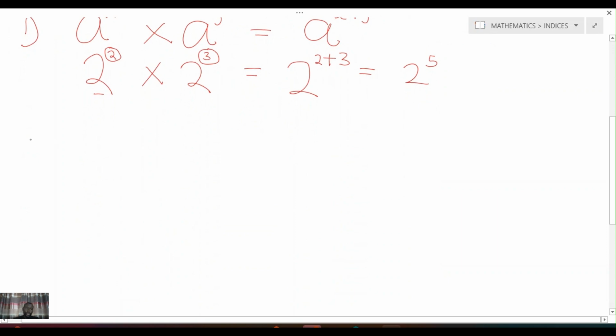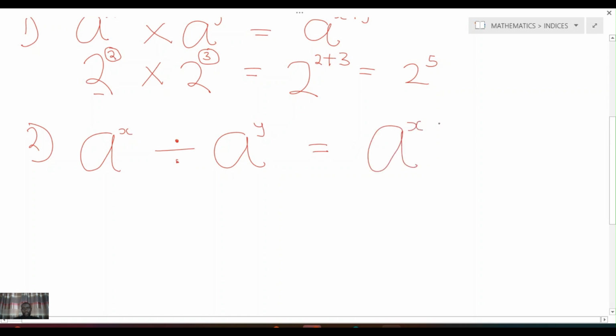Rule number two: if a raised to power x divided by a raised to power y, this can be evaluated as a raised to power x minus y.